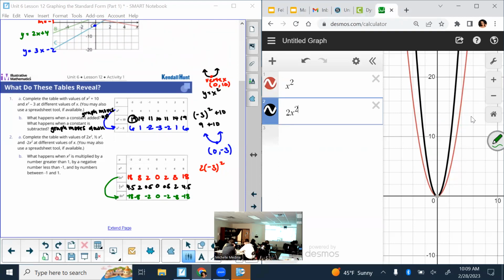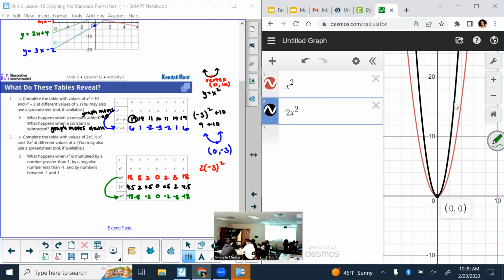Actually, neither. It did not move up or down. A good place to look would be the vertex of each. Okay, the vertex is still in the same spot for both. So it did not move up or down. Did it move left or right? No, it did not move left or right because the vertex is still in the same spot.